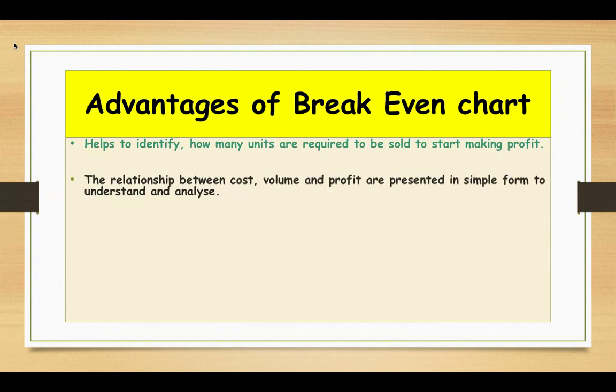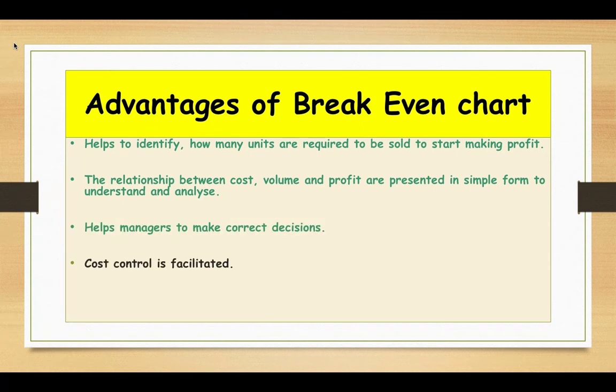The second one, the relationship between cost, volume, and profit are presented in simple form to understand and analyze. The next one, it helps managers to make correct decisions, because the managers can choose the most profitable product mix using the break-even chart.